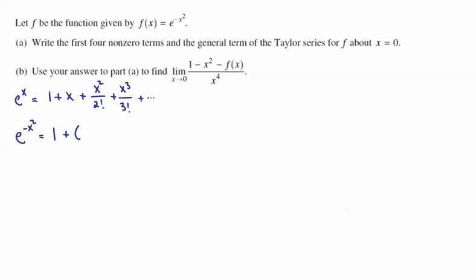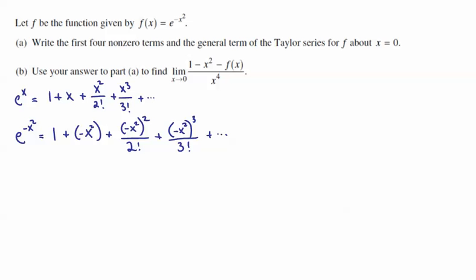So 1 plus negative x squared plus negative x squared to the second over 2 factorial plus negative x squared to the third over 3 factorial, and so that should do it for the first 4 terms.